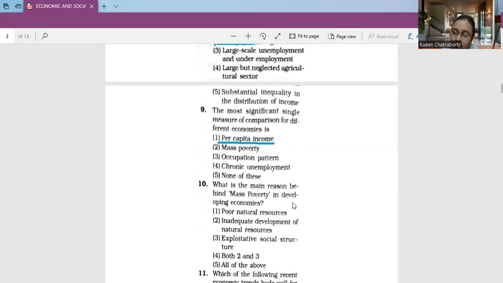And another factor is social structure. There is such a lot of division, such a lot of hierarchy systems, which come into the way of development and create a problem for the development of the country. So considering that, options 2 and 3 are the correct options. That is option number 4, which marks both 2 and 3 as the correct option.